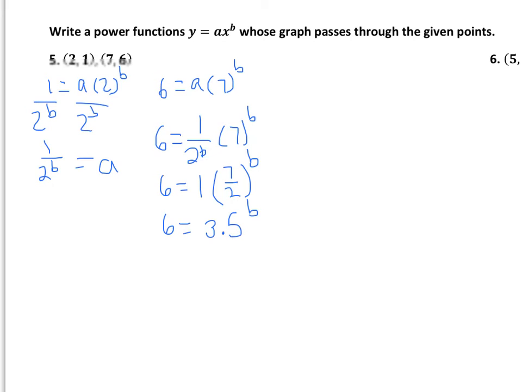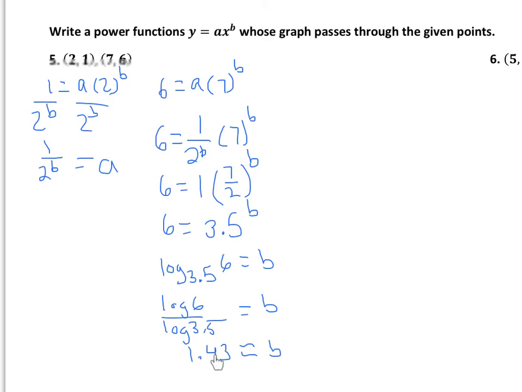So you would say log base 3.5 of 6 equals b. And then that would be log 6 divided by log 3.5. And b would be approximately 1.43.